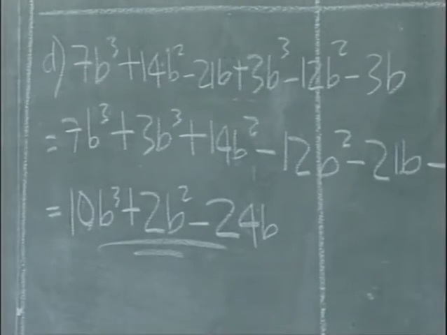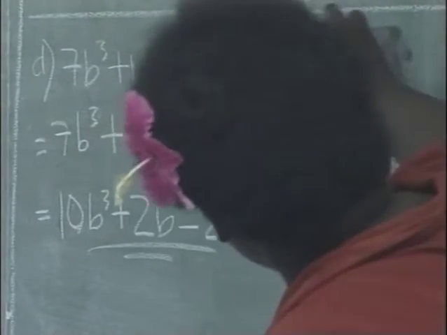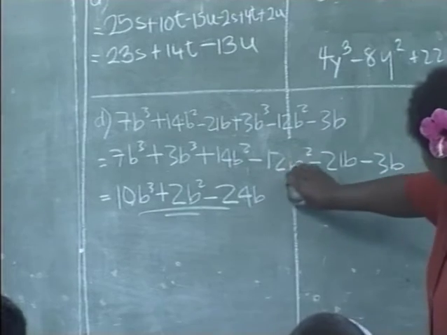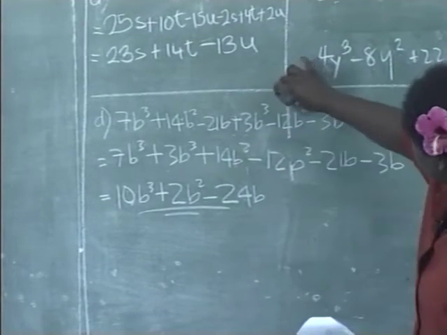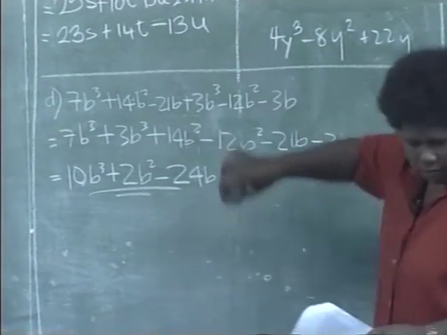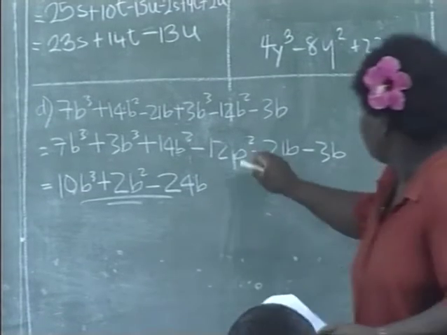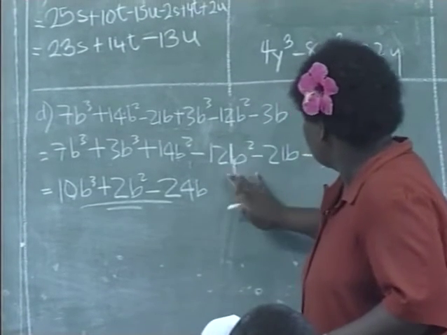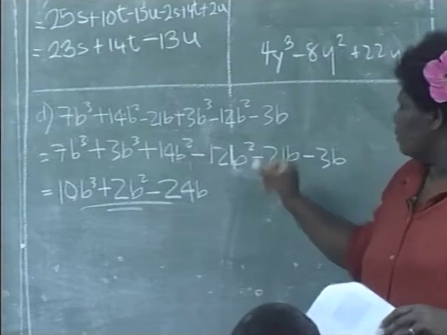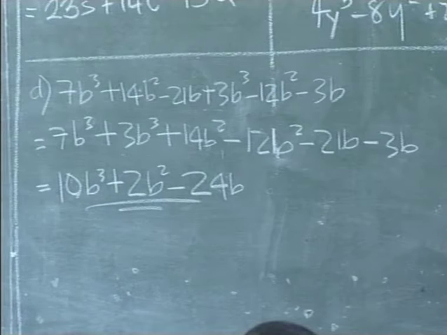Okay. All right, 10bq plus 2b squared minus 24b is correct for letter D.